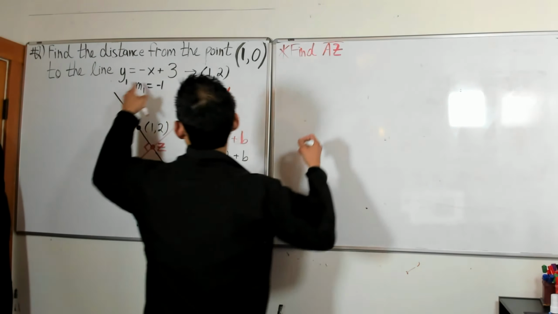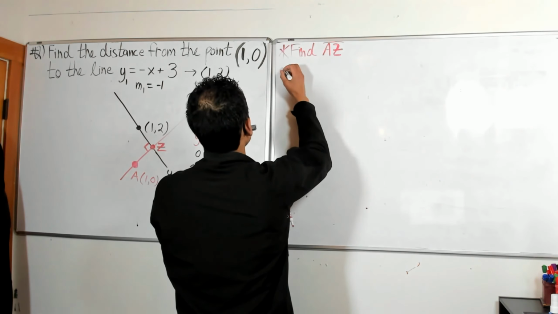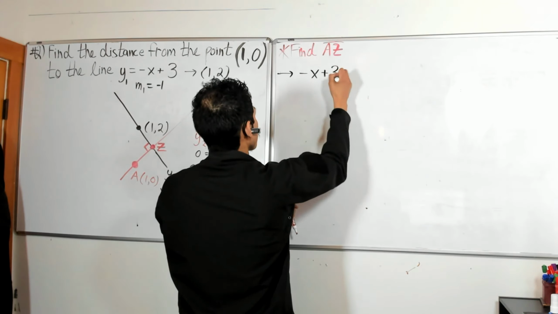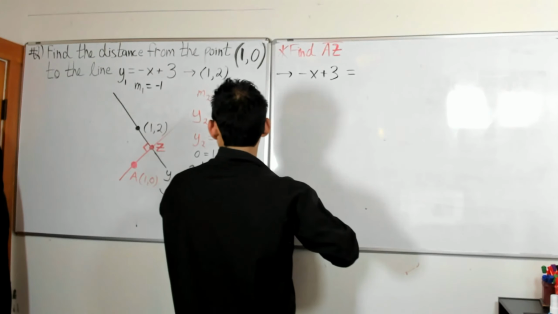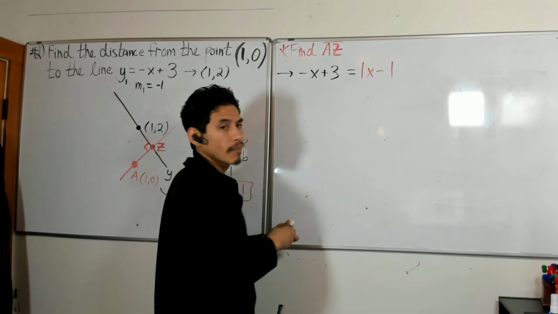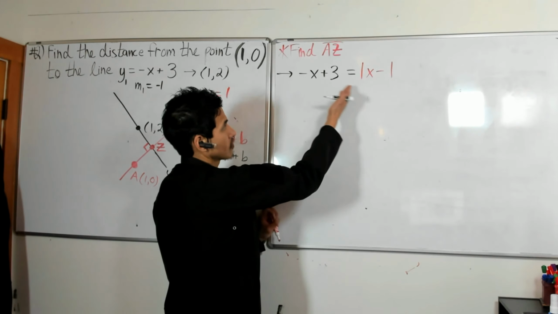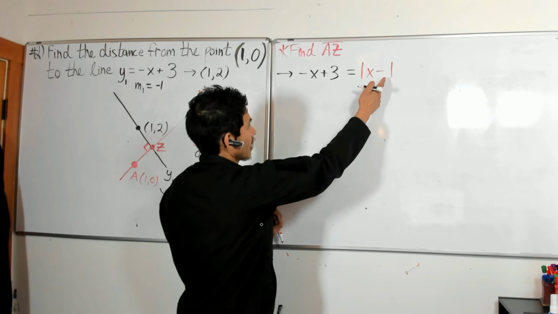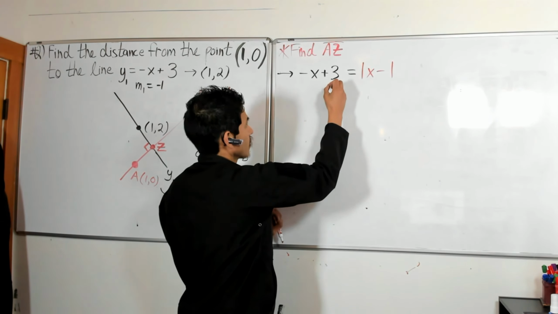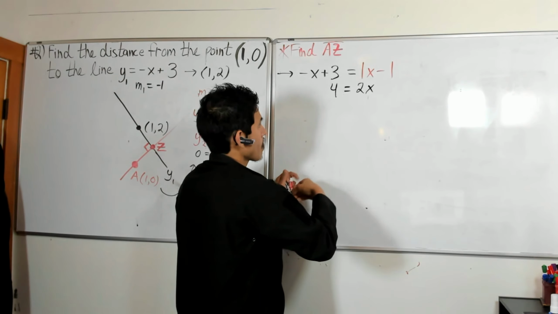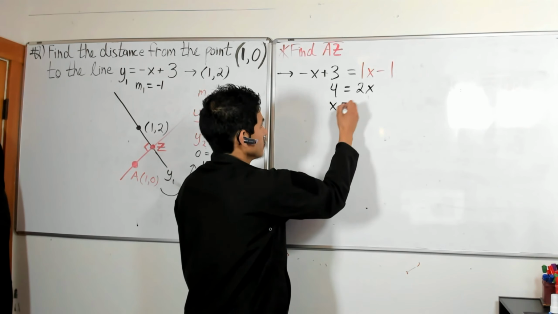Let's set y1, which is negative x plus 3, equal to y2, which is 1x minus 1. Let's add x to this side and add 1 to both sides, so we get 4 is equal to 2x. And so x is 2.